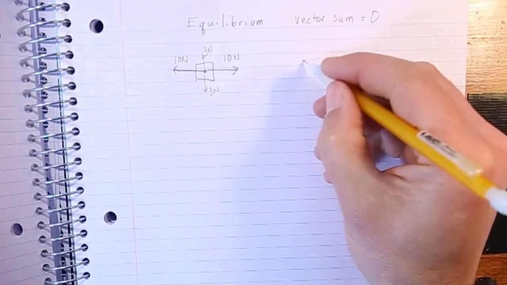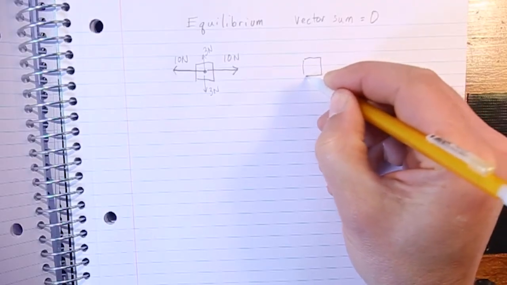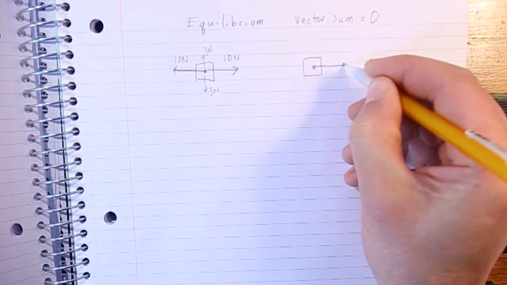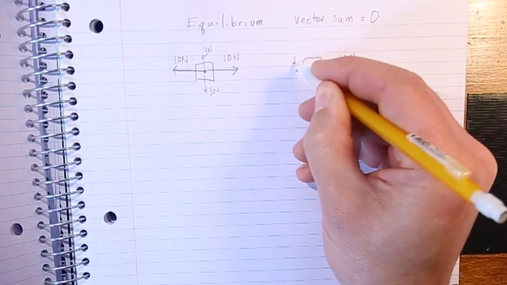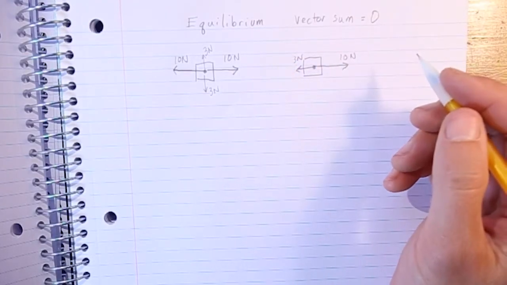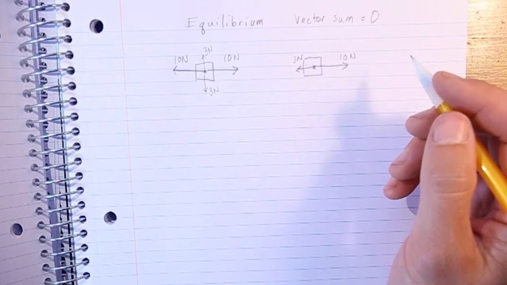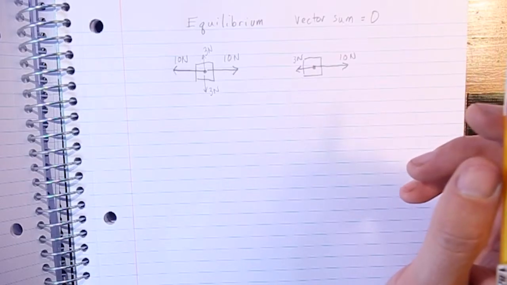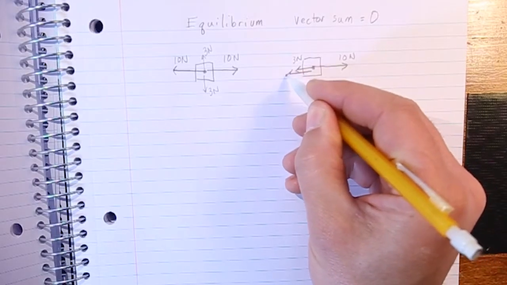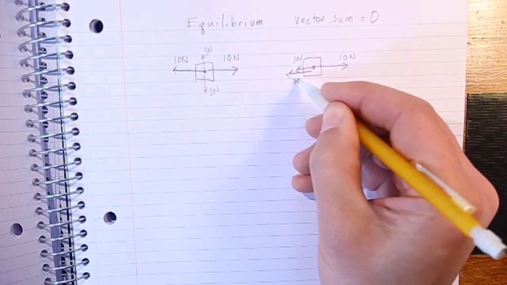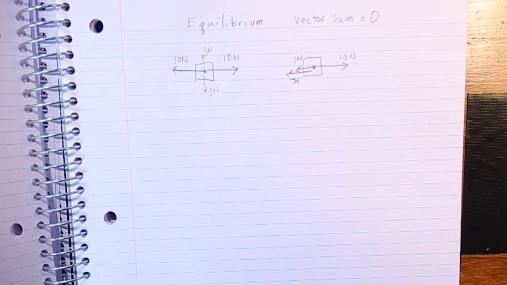What might be a question? Well, you could have something like this, where you're given 10 newtons and 3 newtons, and the question might be, what force do we need to apply to put the system in equilibrium? And the answer would be a 7 Newton vector to the left, or we could say negative 7 newtons.